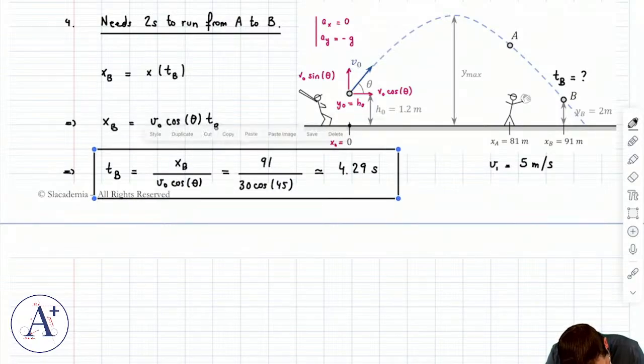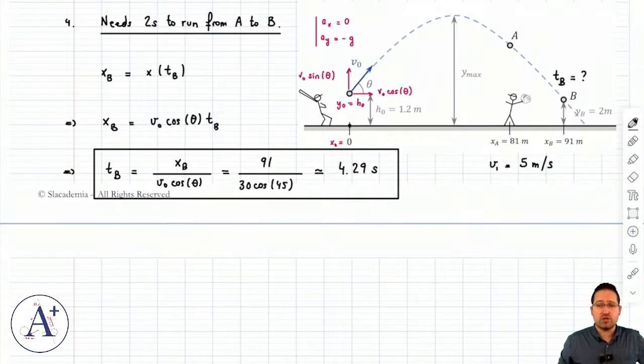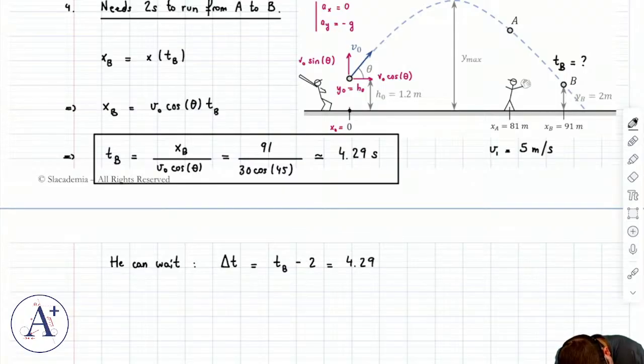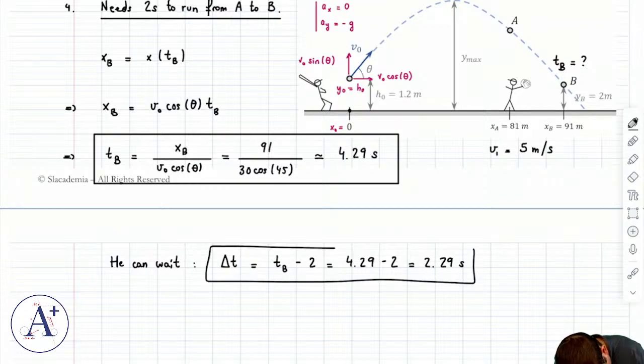Okay, so it's going to take the ball 4.29 seconds to make it to point B where it needs to be caught. Okay, so therefore he can wait delta t is equal to TB minus 2, which is 4.29 minus 2, is 2.29 seconds before he has to start running.